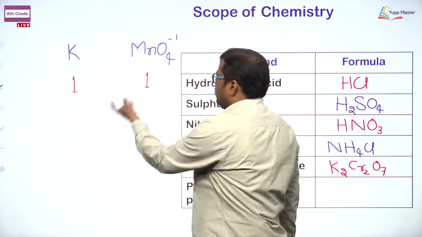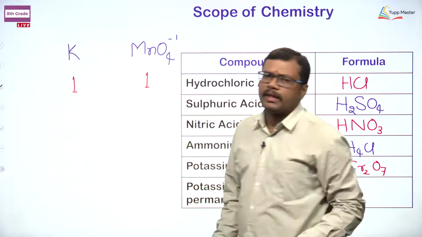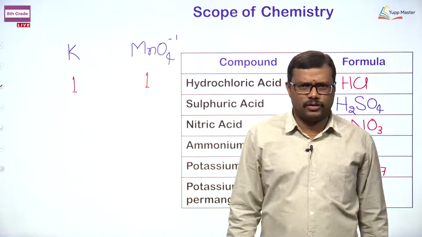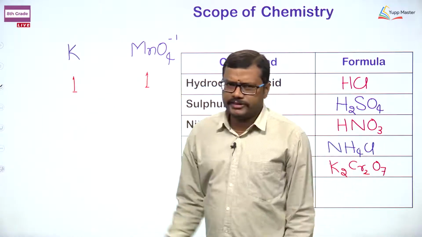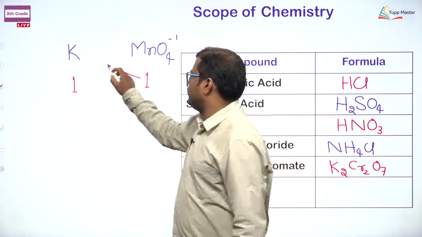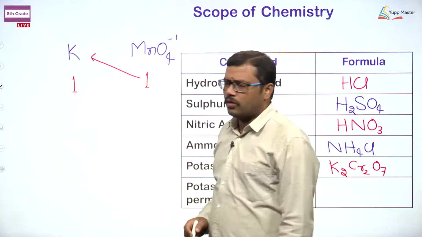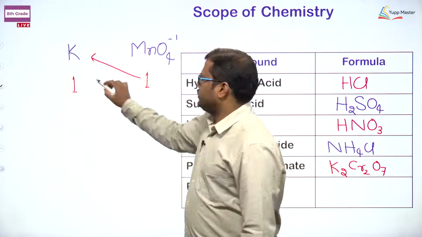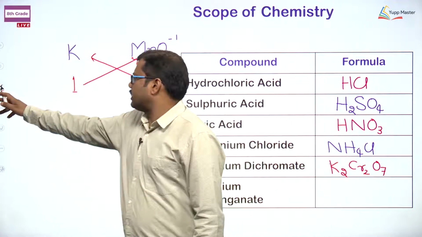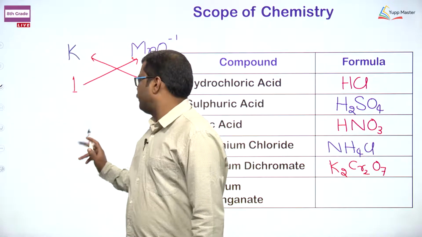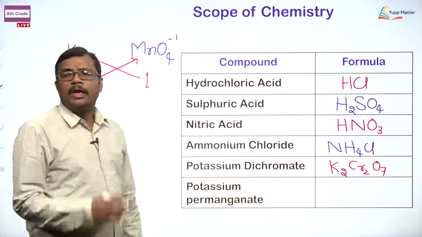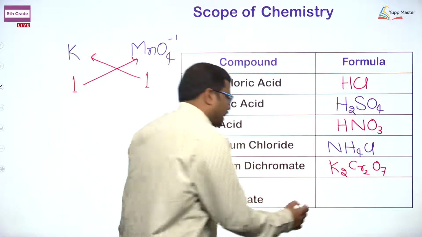Potassium valency is 1, MnO4 valency is also 1. When we divide by the highest common factor, the simplest ratio we get is 1:1. Now exchange the valency of MnO4 to potassium, and similarly the potassium valency to MnO4. So what do we get as the formula for potassium permanganate?